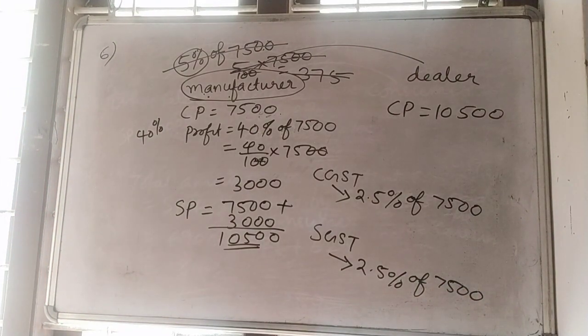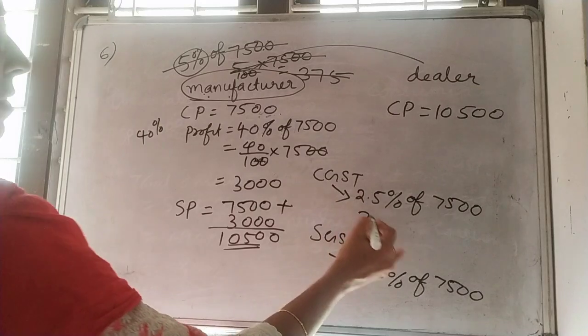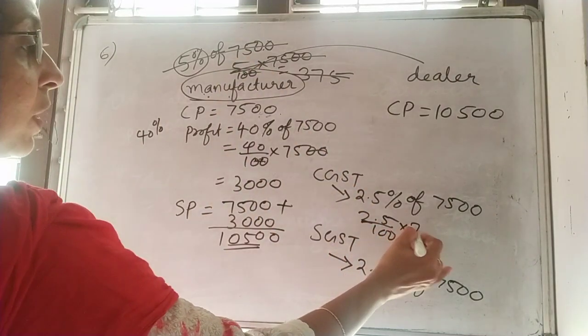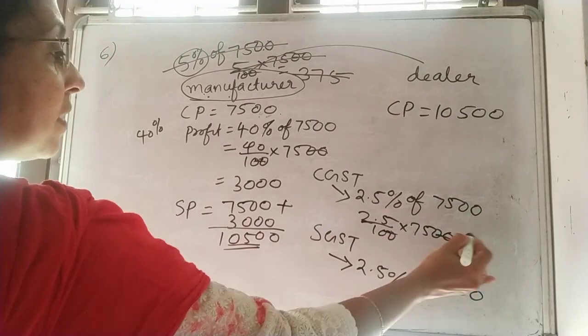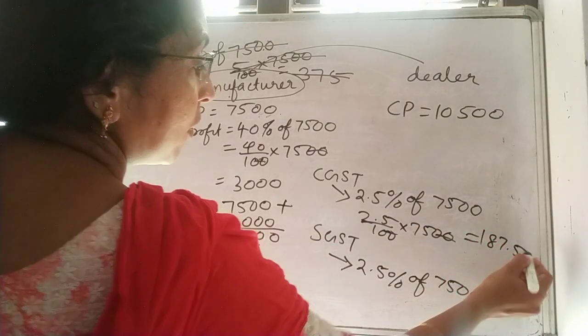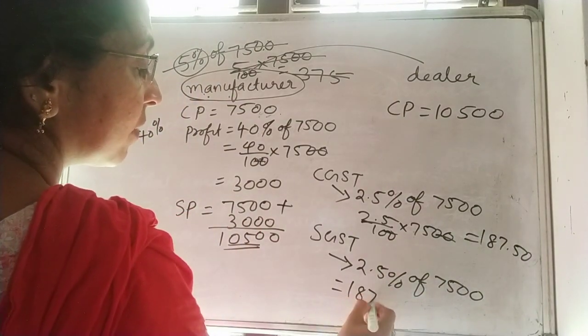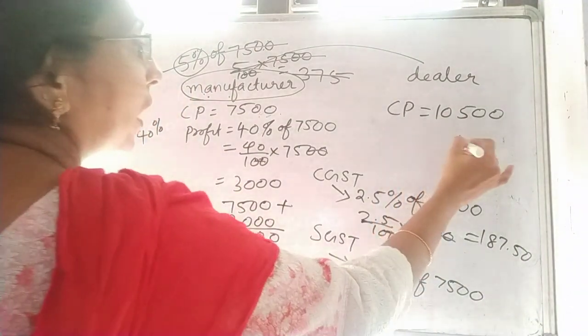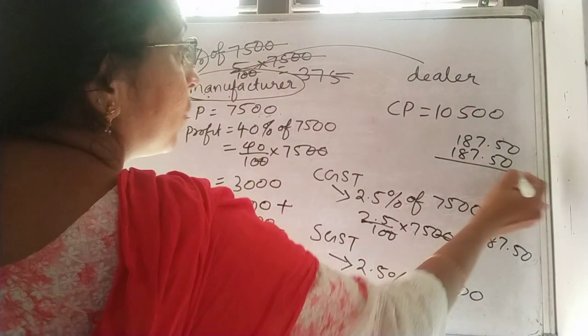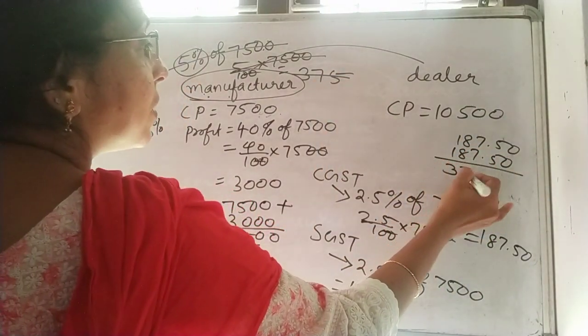CGST will be 2.5 by 100 into 7,500, which is equal to 187.50. Here also you will get 187.50. If you add 187.50 and 187.50, you will get 375.